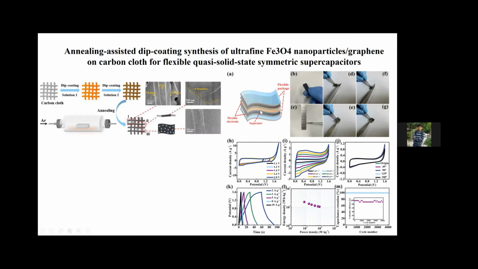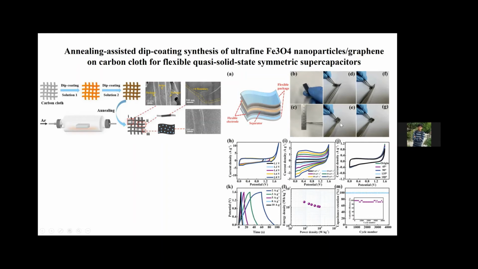In the case of a gel electrolyte, it acts as a separator itself, and it also contains the electrolyte. So that's why gel electrolytes are used mostly. And we can see here how they make their devices. They use the gel electrolyte, so that's why it is very flexible.